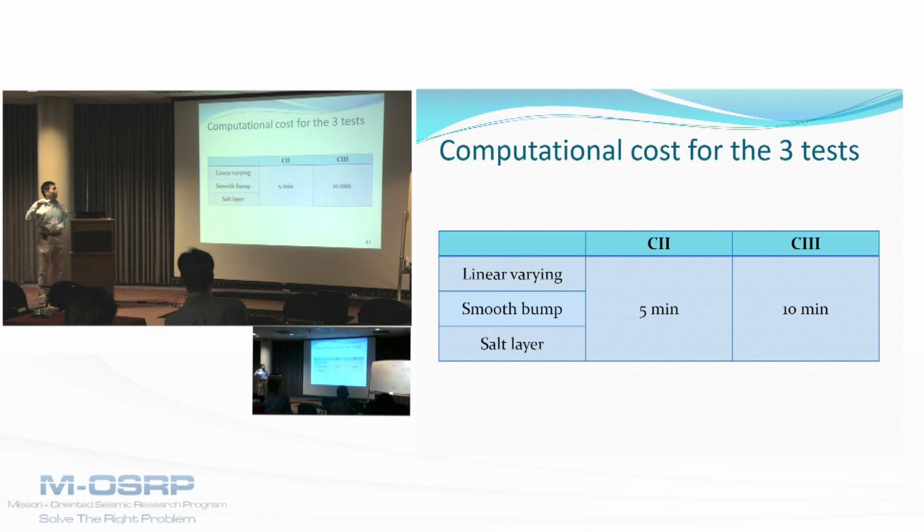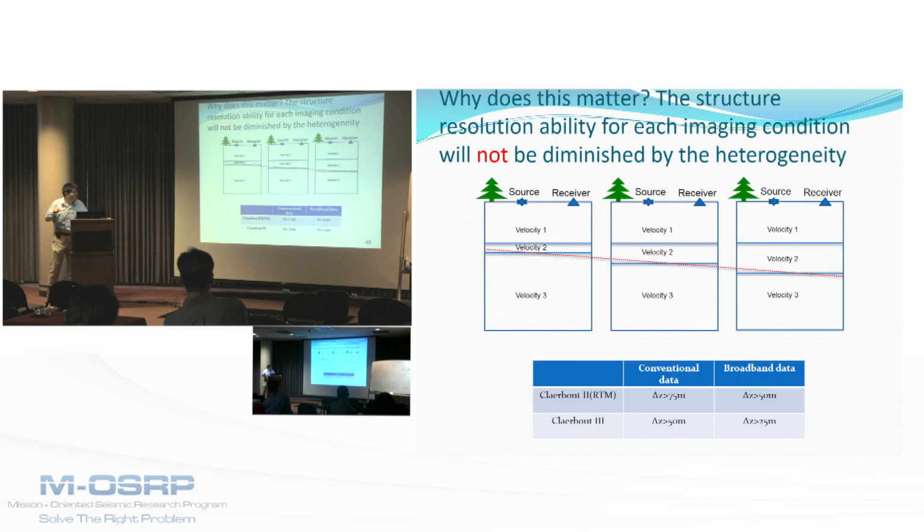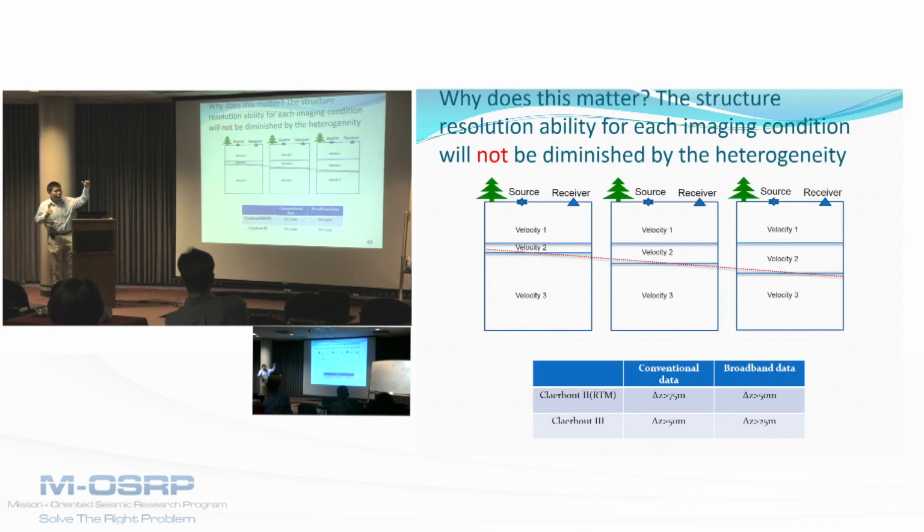Here is the computational cost for the numerical implementation for C2 and C3. Because we use the same scheme for each image condition, the runtime is roughly the same. C2 takes about 5 minutes, C3 about 10 minutes. Why is the wave propagation component discussion, the second discussion of this talk, important?